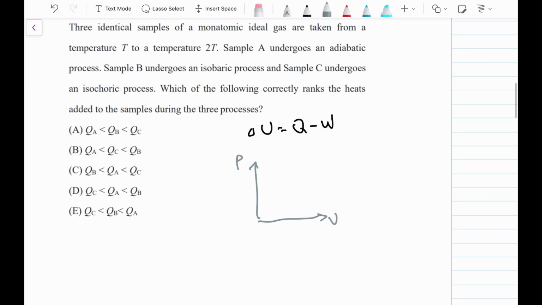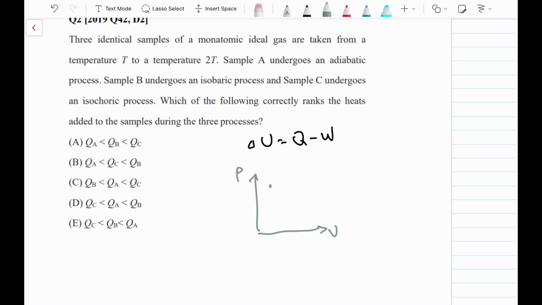So that's a PV graph, and essentially for an adiabatic process, it will go from this point to this point, because from left to right, the temperature will decrease as there's no heat added and there's work done by the gas. So therefore, it must be a reverse process that increases the temperature. And in this case, the work done will be positive in the sense that it's work done on the gas.